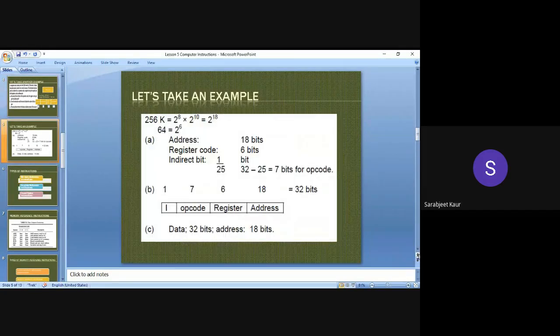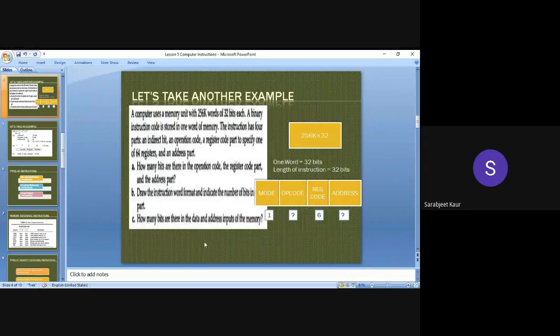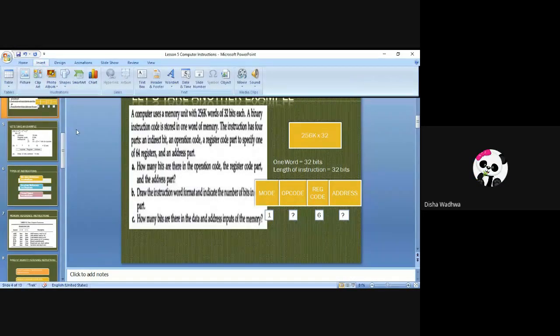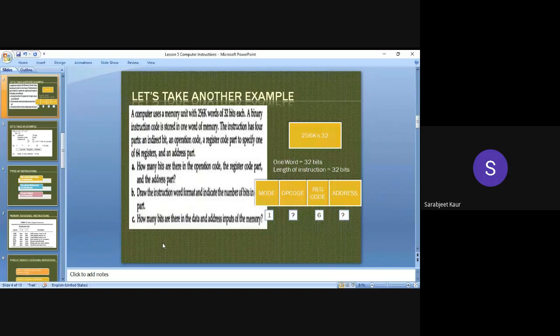Should I explain? Ma'am, what exactly is K here? K means 1000, meaning 1000 words, as in your normal mathematical lingo where you use K for kg.